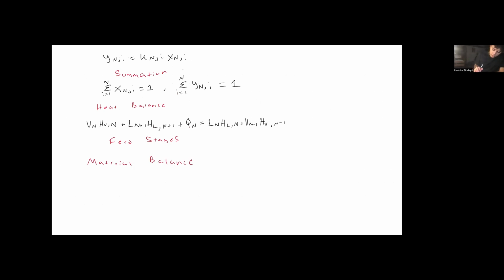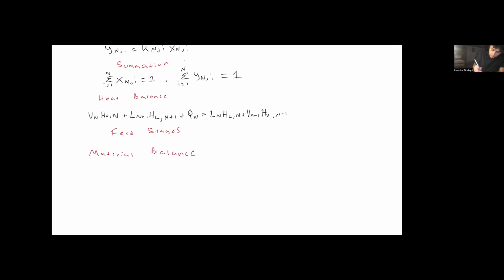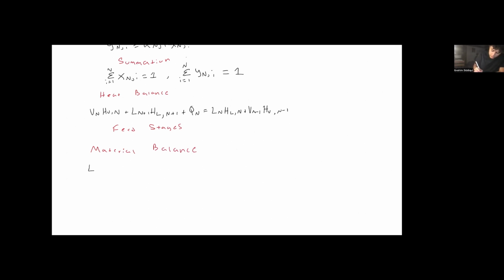And for this, we're looking at our liquid flow at stage F plus 1 multiplied by our liquid composition at F plus 1 for component I. And this is going to be added to our vapor flow at stage F minus 1.